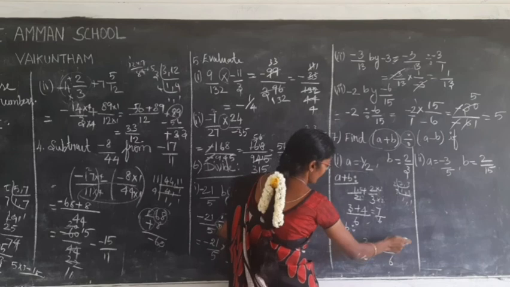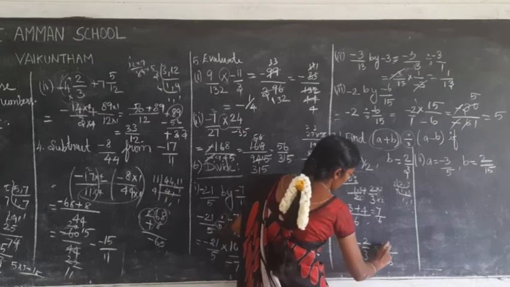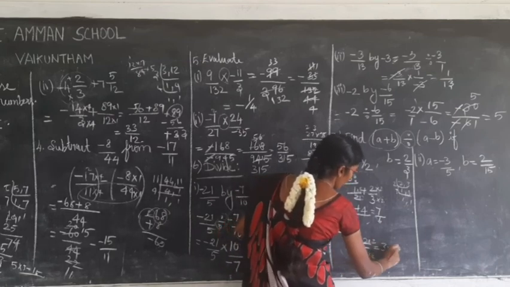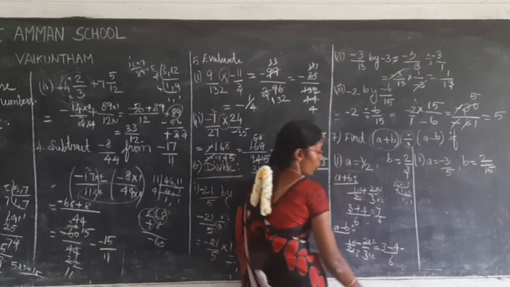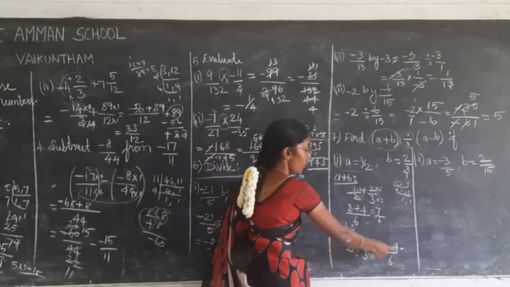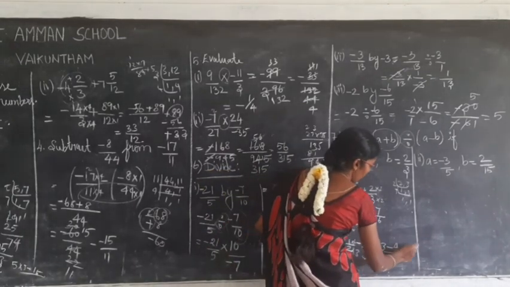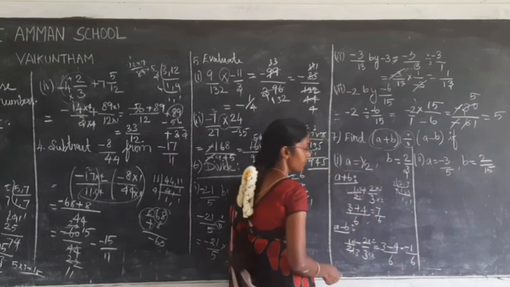So the LCM is the same and you have to see here. 1 3 is 3, 2 3s are 6. So 3 minus, 2 2s, so 3 minus 4. Only the symbol will differ here. So 3 minus 4. So if the signs differ, what you have to do? You have to subtract. So 4 minus 3, 1 by 6. So the greater number is 4, so the symbol is minus.